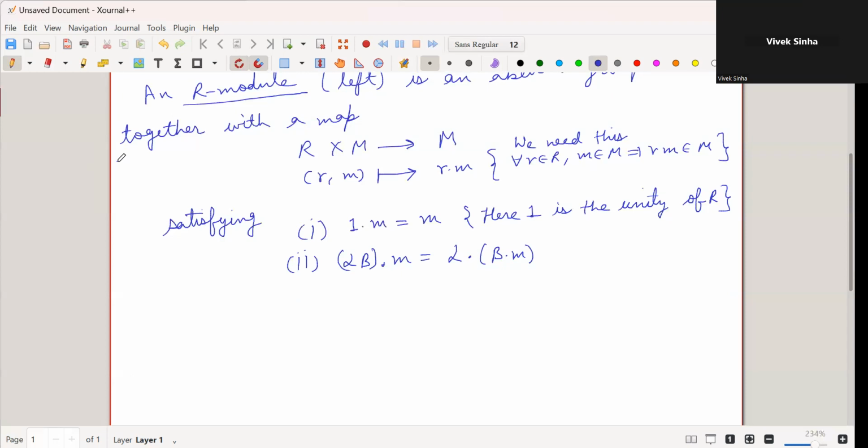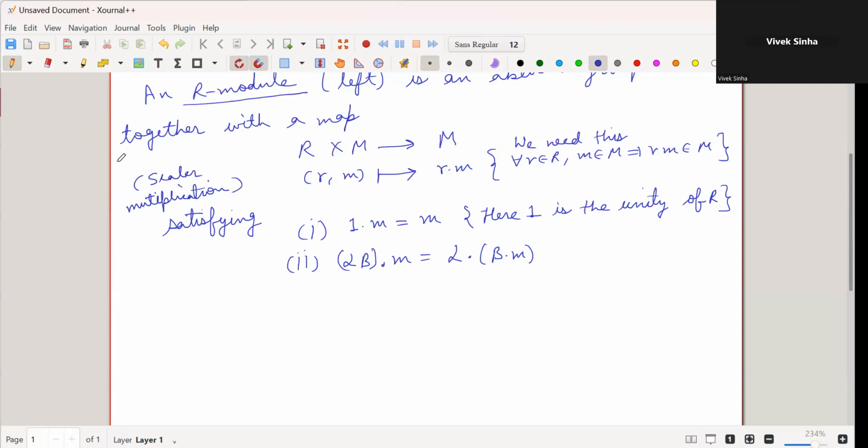This map is called scalar multiplication.